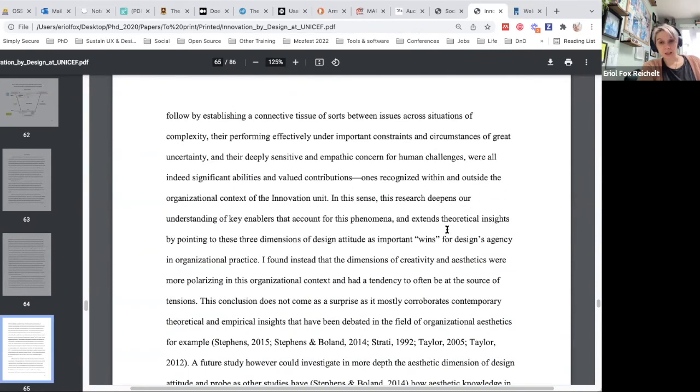We've got now a comment about creativity and aesthetics were more polarizing in the organizational context, and had a tendency to be often at the source of tensions. So this is interesting, given a thought that I've been having recently in some of my wider reading, is how code is either correct and functions, or is not correct and does not function. There's correct working code that solves a problem, and there is broken, not working code that does not solve the problem.